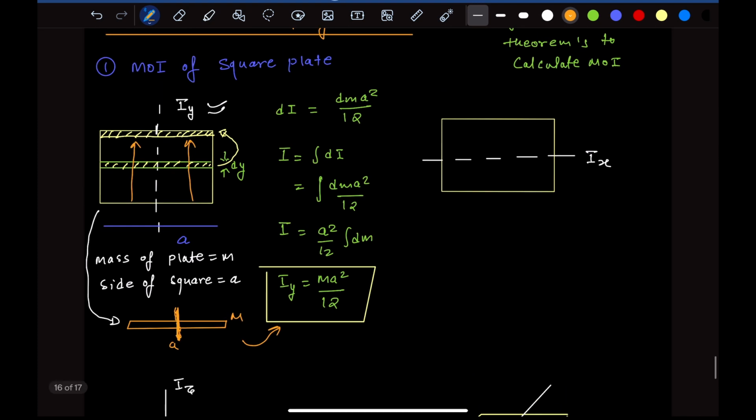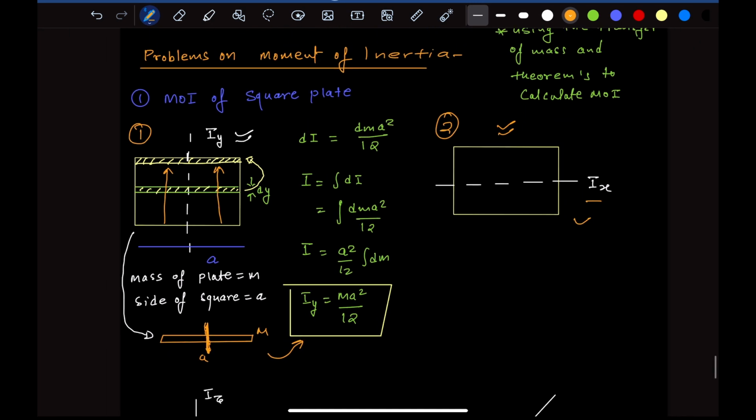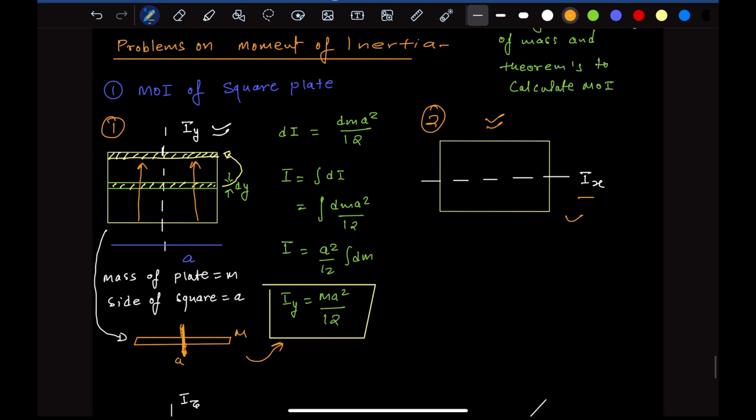And now look here. First we have calculated about the y-axis, and second about the horizontal axis, or I am calling it the x-axis. I need to find out about this. Look here in this figure. If I rotate this figure by 90 degrees, will the second figure become the same as the first figure, right?